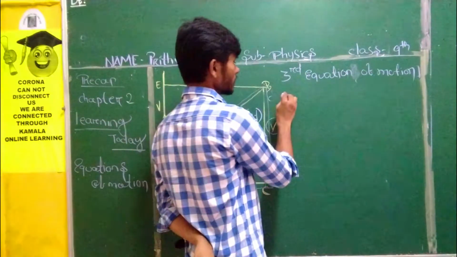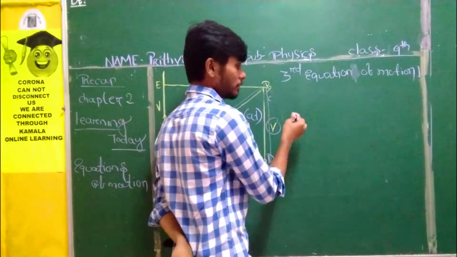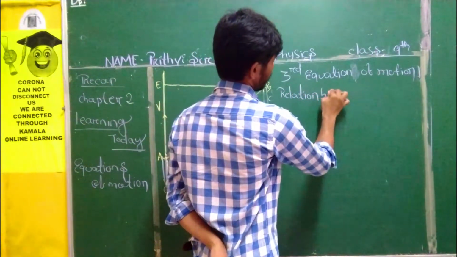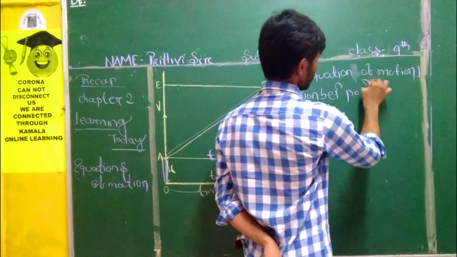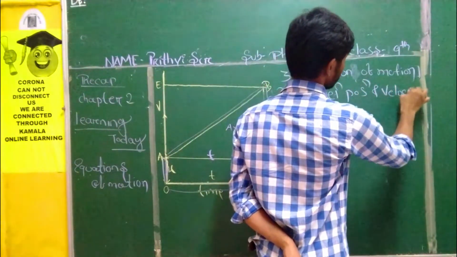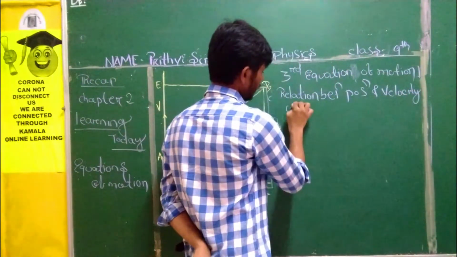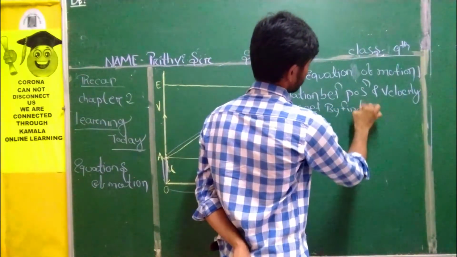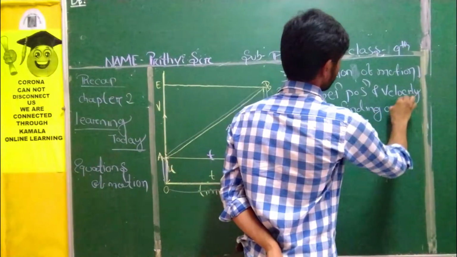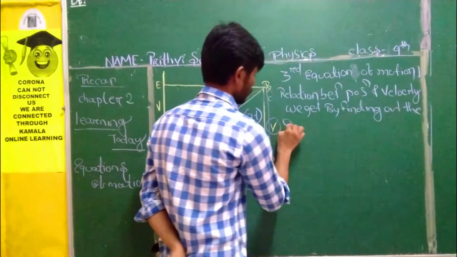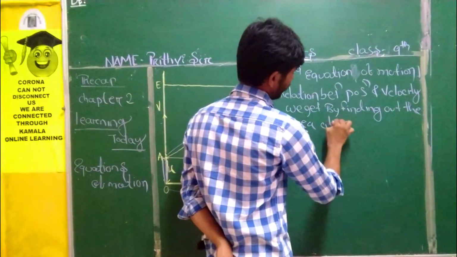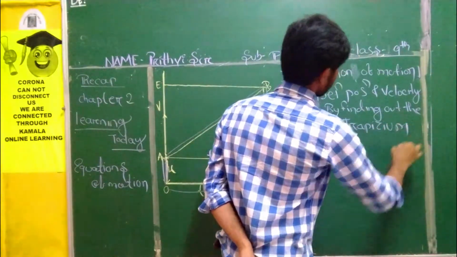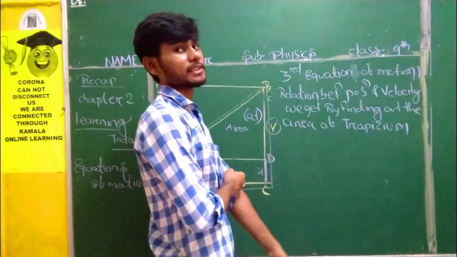So here, from this diagram, what can we get? We can get the relationship between position and velocity by finding out the area of trapezium. Please comment in the comment section what is the area of trapezium.